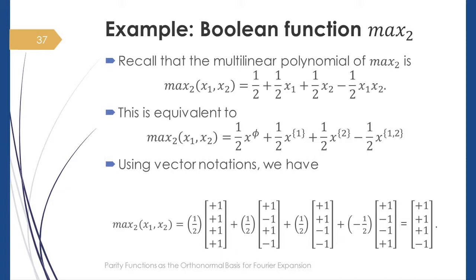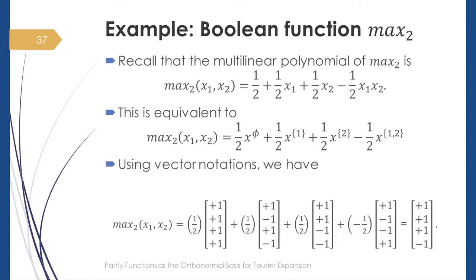But what is most interesting, and this is truly conclusive, is that we replace each of these x terms by their vector representations, and you can see below that once we multiply them by the scalars, which are the Fourier coefficients, what we get is exactly the vector representation of the Boolean function. So, through this exercise, we have derived a form which first went through a standard basis, then the basis as parity functions, where the parity functions are the x phi, x1, x2, x12 terms.